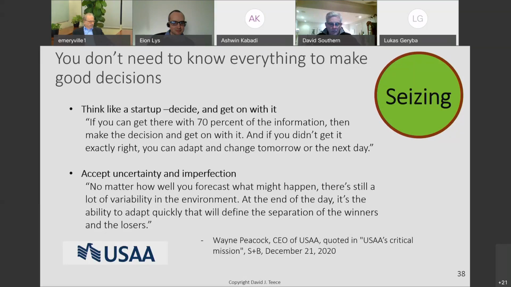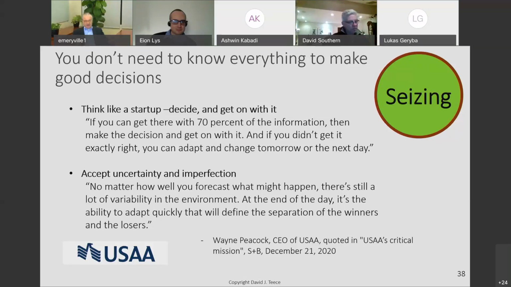So with that, let me remind you again that we gave a little introduction last time to say that in a world of deep uncertainty, you need a different way of managing, and we call that dynamic capabilities. And we're breaking dynamic capabilities down into three clusters.